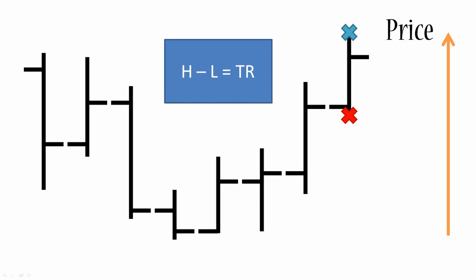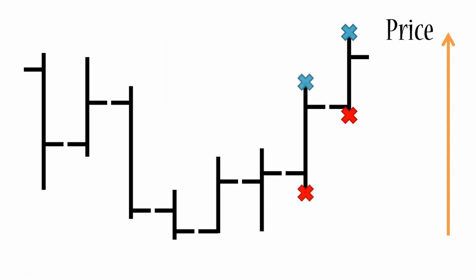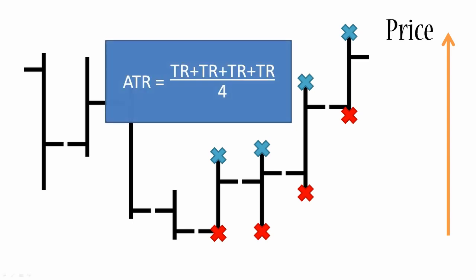Next, let's take the true range for the next bar, and then the true range for the bar after that, and then one more true range. What we're going to do with all of these four true ranges is take the average of these four true ranges, and that will give us the average true range in the past four bars.